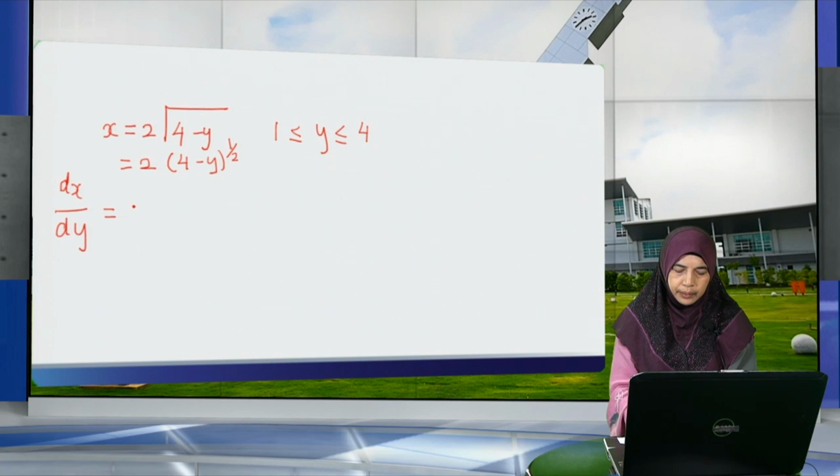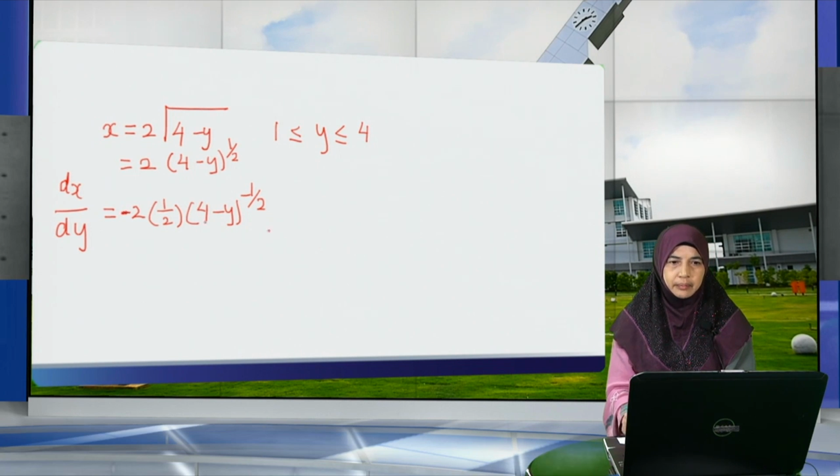You have 2 times the power, and then we reduce the power by 1. And don't forget to differentiate the expression in the bracket again to get negative 1, because of that negative y. So we put minus here, and we will get negative (4 minus y) to the power of minus half.